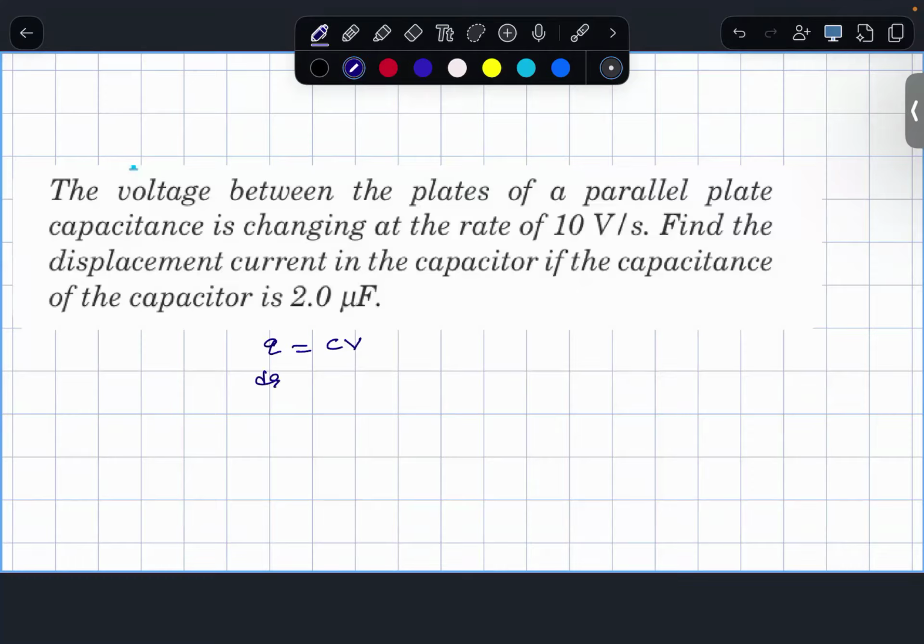So dq by dt is C times dV by dt. So 2 into 10 power minus 6 into 10. So 20 micro amps. Any doubts? Clear? Next.